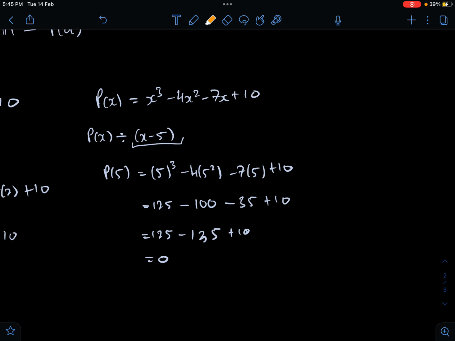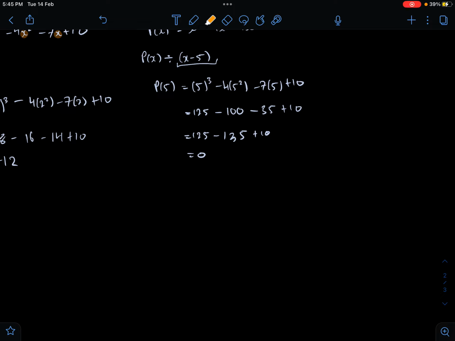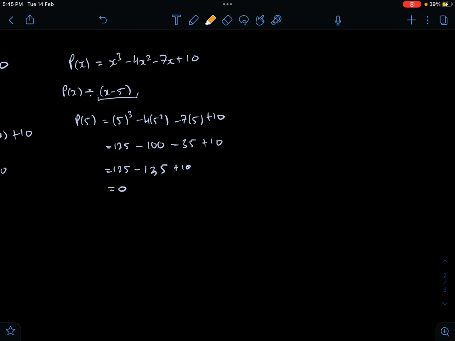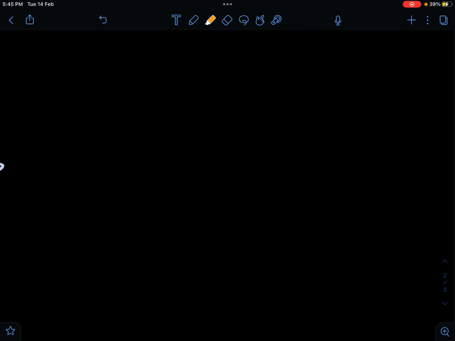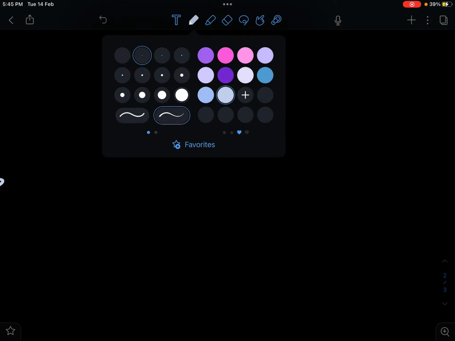So that's the practical use for it. Another method is, if we come over here, I'll just use a simple example, p of x equals x squared minus x minus 6.